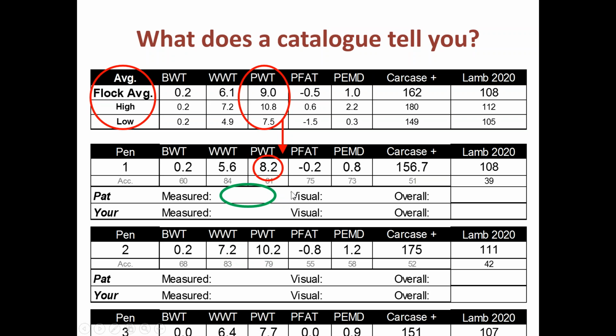Just while we've got this ram in front of us, if all I was interested in was post-weaning weight, I would grade him 1, 2 or 3, with 1 being best. Because he's around the middle of the range, I would grade him a 2. And we'll talk more about that later.